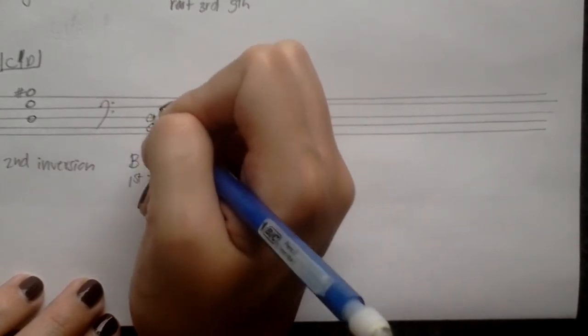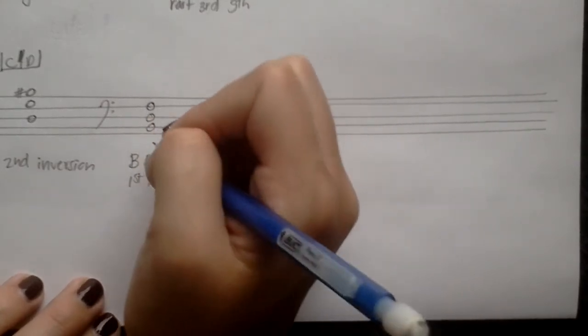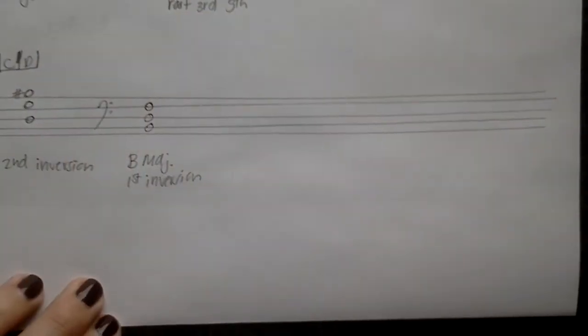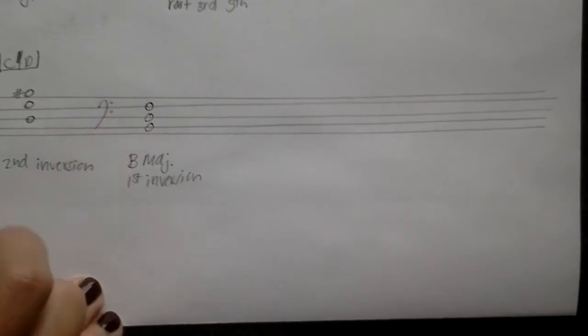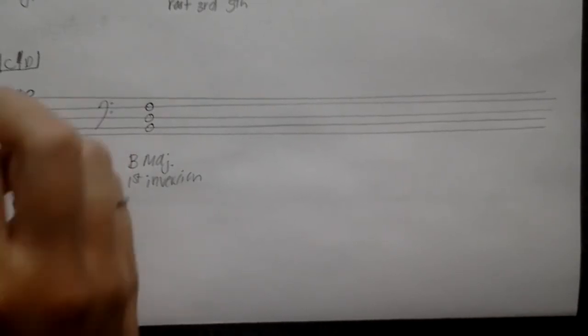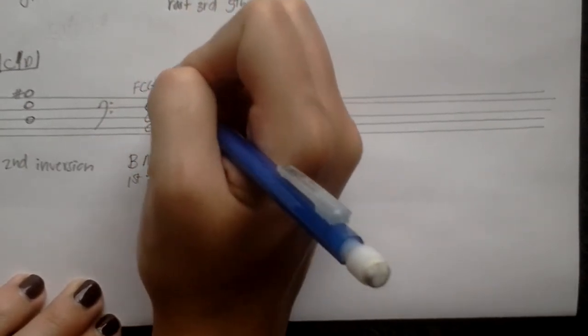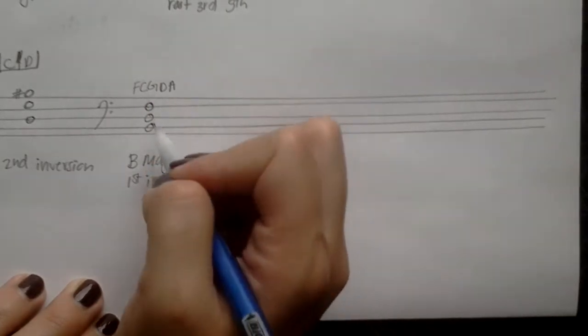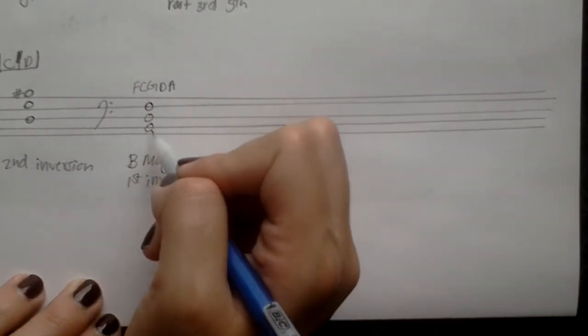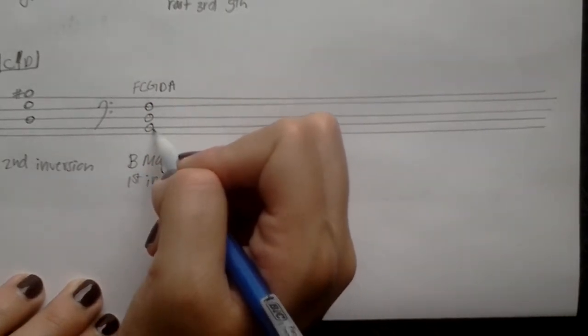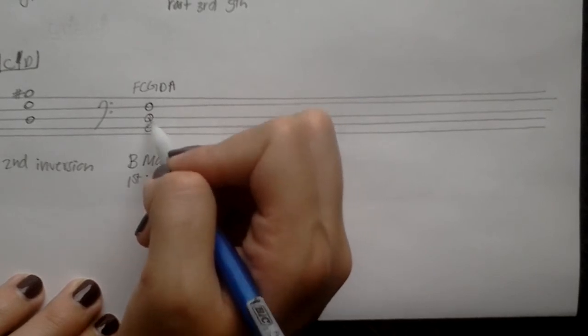Since we start on B, we fill in the other lines, building our snowman, and then we figure out in the key what the accidentals would be. So in the key of B, we have 5 sharps, which would be F, C, G, D, and A. Looking here, we have to see which ones need the sharp accidentals.